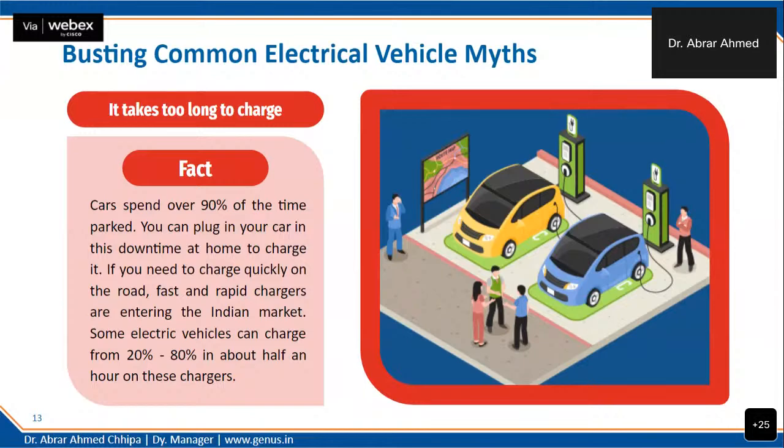DC is fast charging, which charges the vehicle at a voltage of more than about 300 volts. As per the Bureau of Energy Efficiency, for currently available electrical vehicles across segments like two wheeler, three wheeler or four wheeler, we can charge from 0 to 80% in around 1 to 5 hours from a slow or moderate charger. While using a fast charger, we can charge in less than 1 hour.